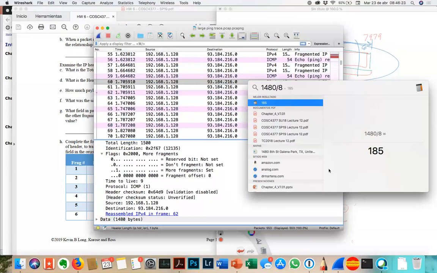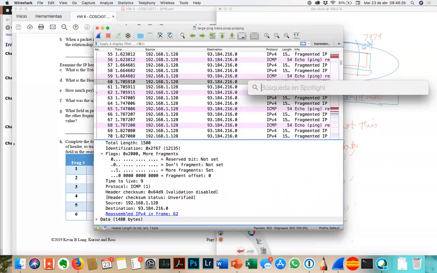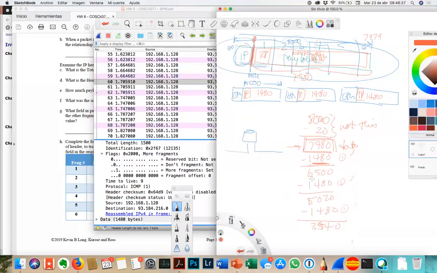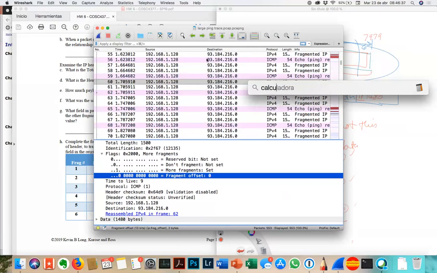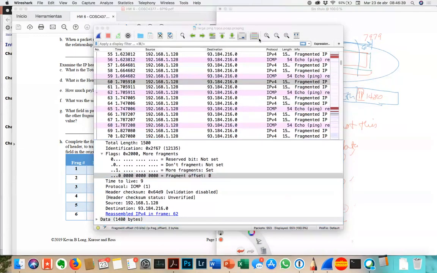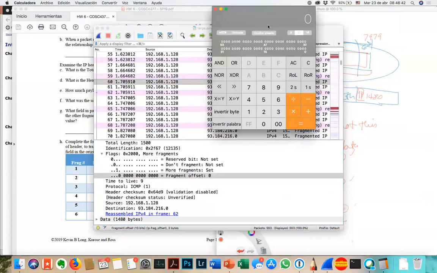So if you want to try to tell me that this first fragment is 1480 bytes long, you will do so by putting the number 185 here in binary. So what is 185 in binary? I'm glad you asked. You won't need it for the problem, but just to kind of show you, it is 10111000.